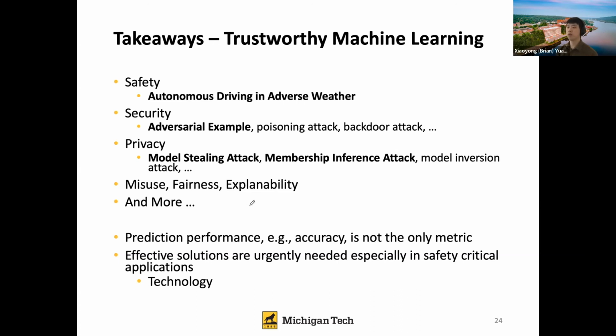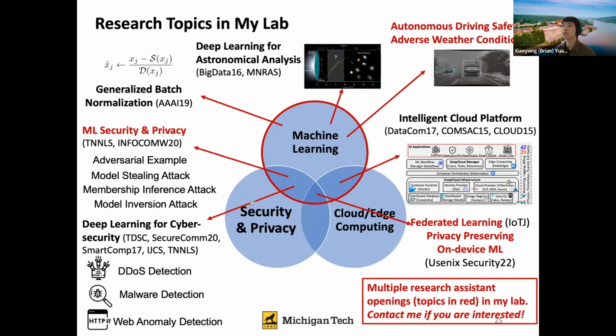And not just the technology and the algorithm, we need to improve machine learning algorithms, but also something beyond technology, like policy or regulations that can make machine learning much better in the future. Okay, that's pretty much my talk.